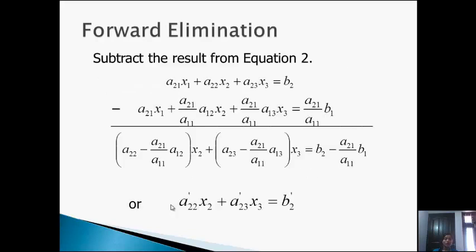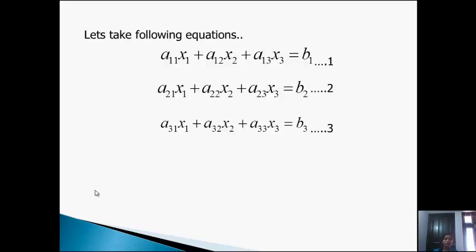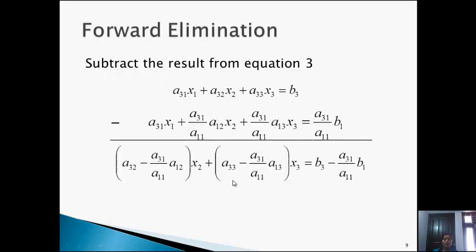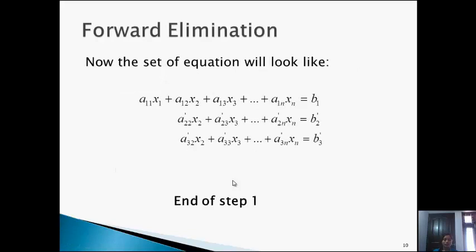Here we are eliminating this term from equation 3. Again multiply by a31 and divide by a11 to equation 1, and we'll get this form of equation. Now subtract it from equation 3, and we'll get this form of equation.